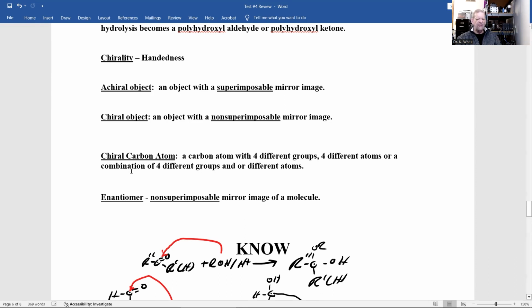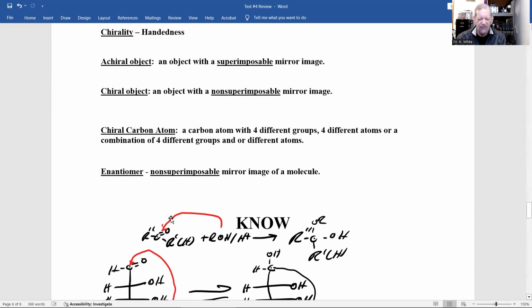Now, along this time, I showed you the Fischer structures, named after Dr. Emil Fischer, who also did Fischer esterification, how to make esters.